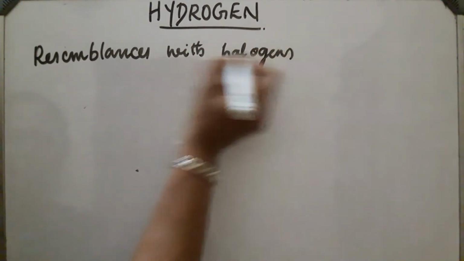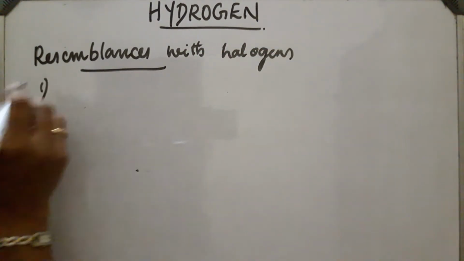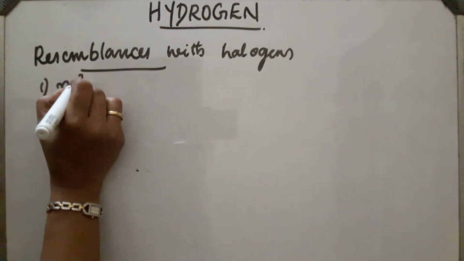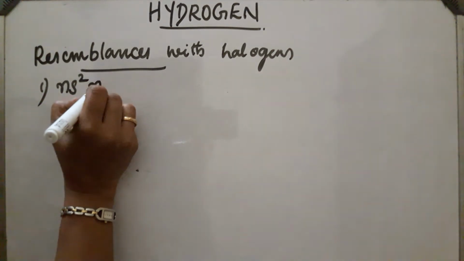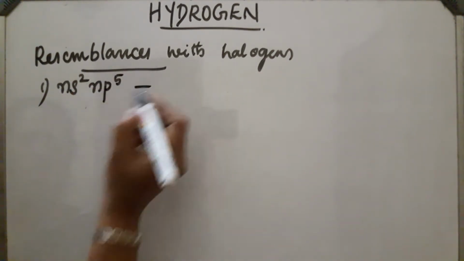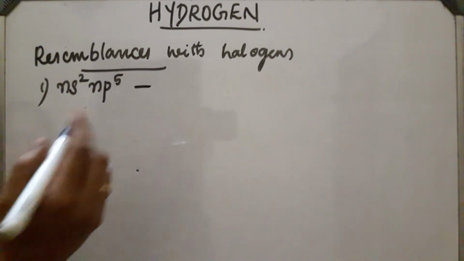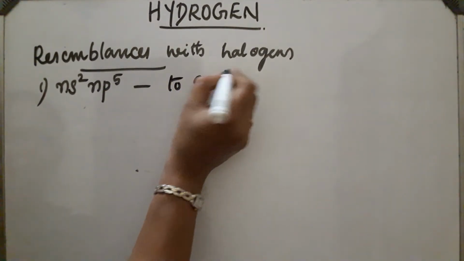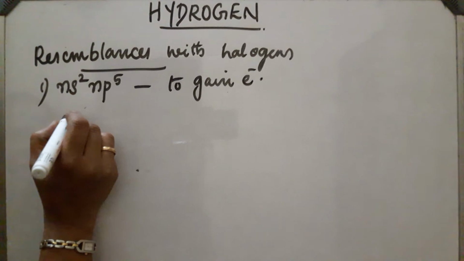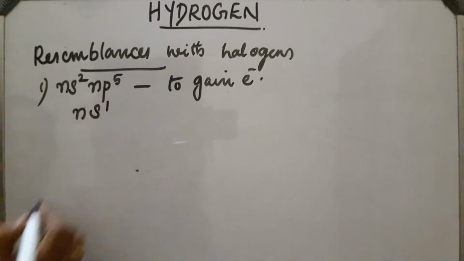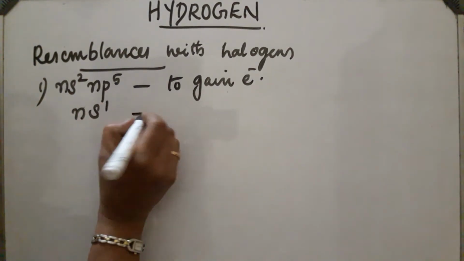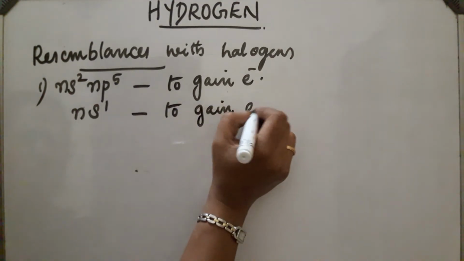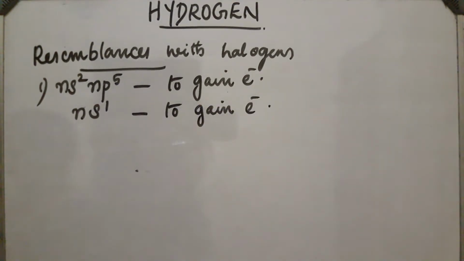First point, halogens have the outer electronic configuration ns2 np5, so these halogens have the tendency to gain electrons. Similarly, in the case of hydrogen, 1s1, so it also has the tendency to gain an electron. This is the first resemblance.